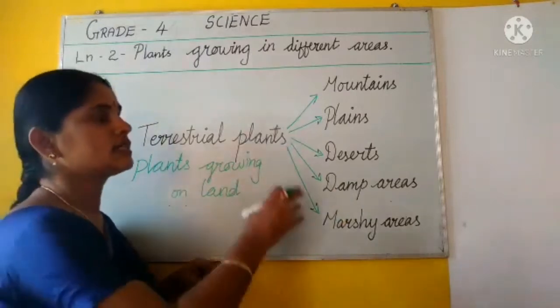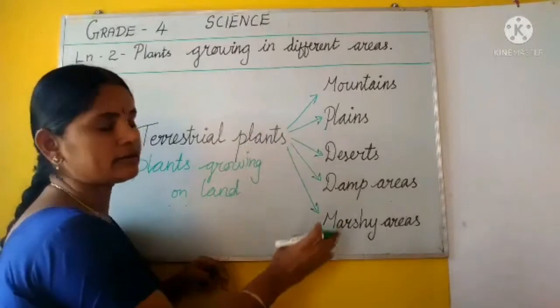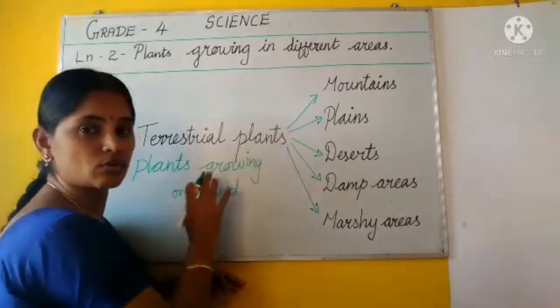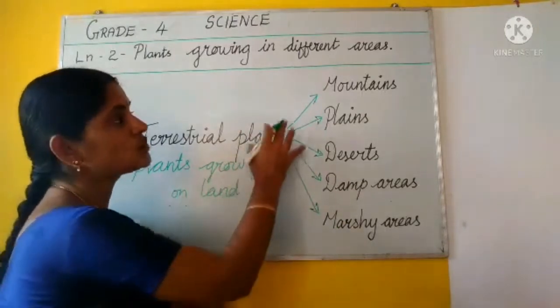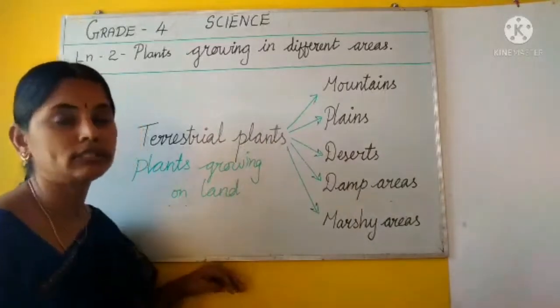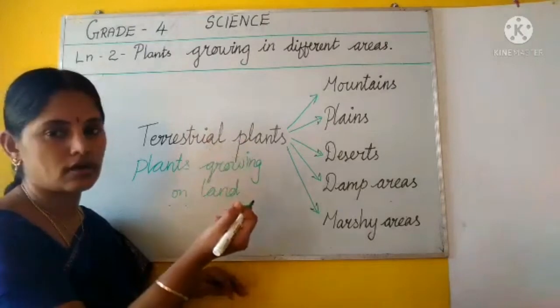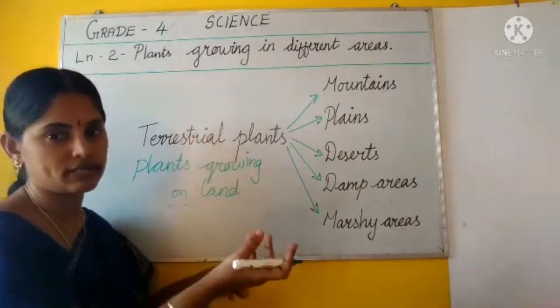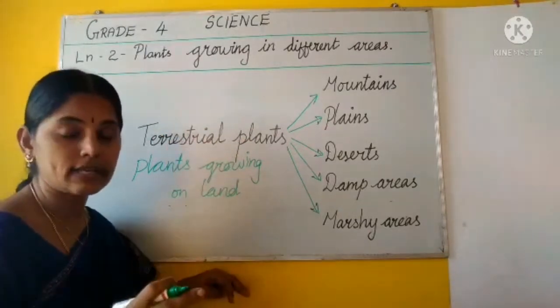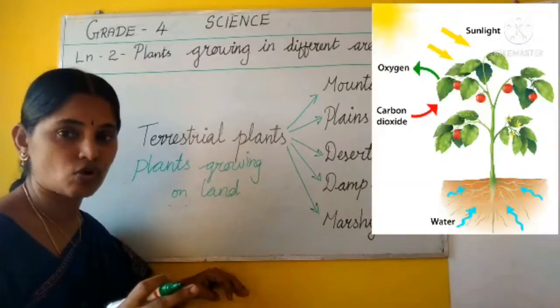Let us see one region at a time. First we are going to see the plants which are in mountains. In mountains there is rainfall, and snowfall will be there. What are the main things needed for plants to grow well?